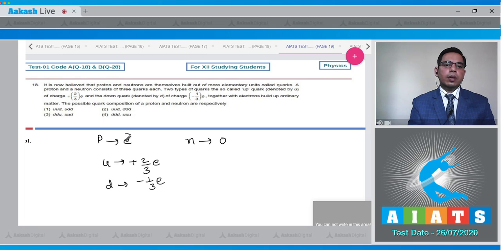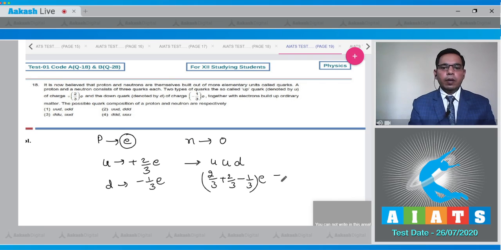Now for the result to be e, the proton has U, U and D, because this will have 2 by 3 charge plus 2 by 3 charge and minus 1 by 3 e charge. Then it will give us e. That means the proton has UUD composition.